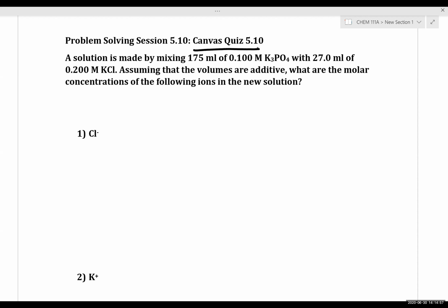Okay, so I see a reasonable pool of responses via Canvas and in the chat.